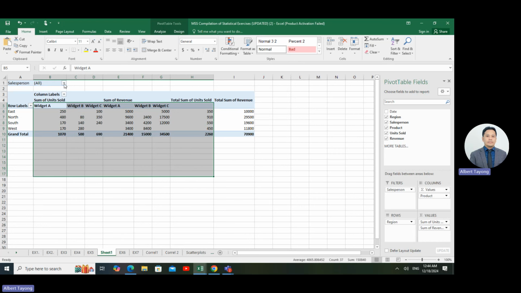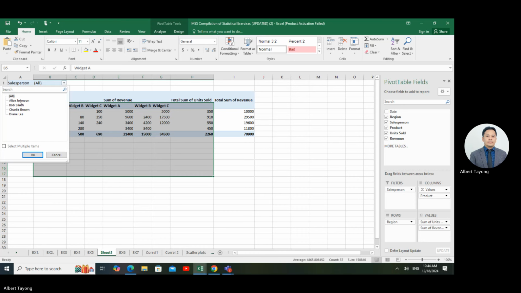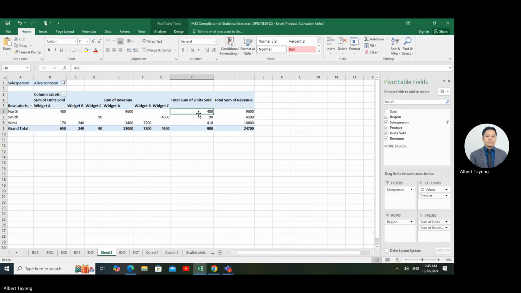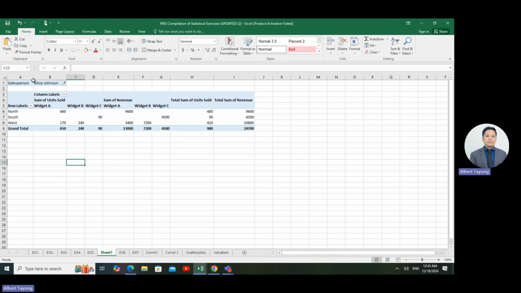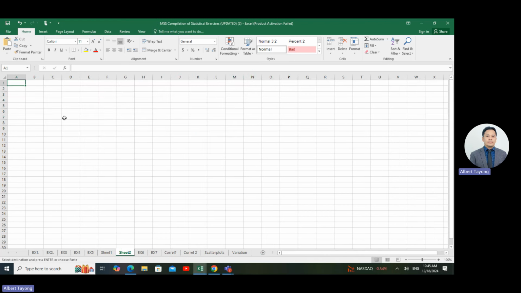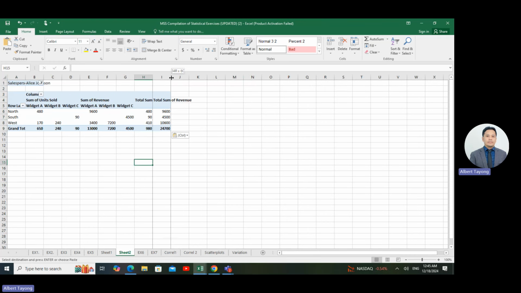So what we're going to do is select Alice Johnson and click OK. It's going to give us the details of this particular salesperson, Alice Johnson. So we have to copy this particular table, and we have to take the plus sign here to add a new sheet, and Control V to paste the details.